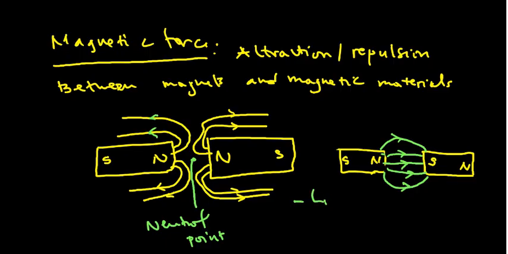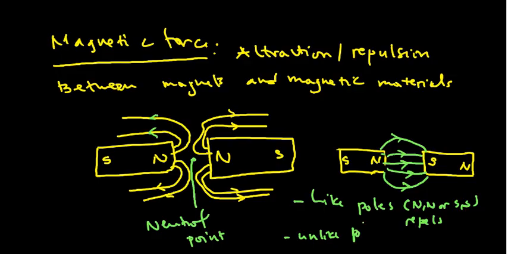And as we said on electrostatics, here also you can say that like poles, meaning north and north, or south and south, repel, while unlike poles will attract.